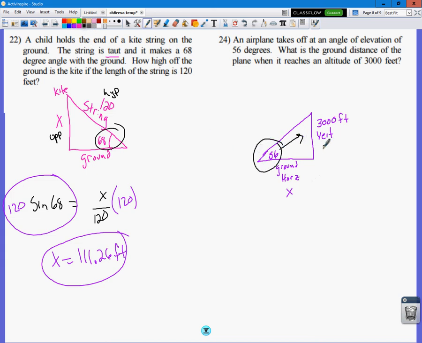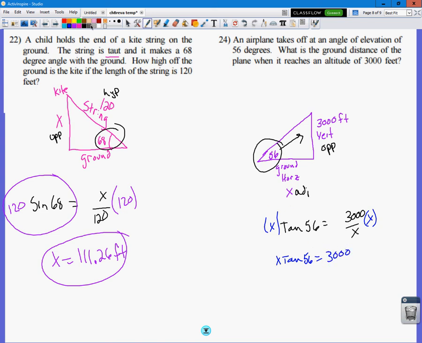Opposite, adjacent. Opposite and adjacent is a tangent function. Tangent of 56 is equal to 3,000 over x. And to solve, we would multiply both sides by x, giving me x tangent of 56 is equal to 3,000.